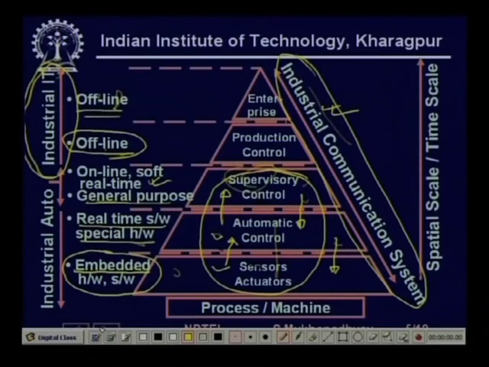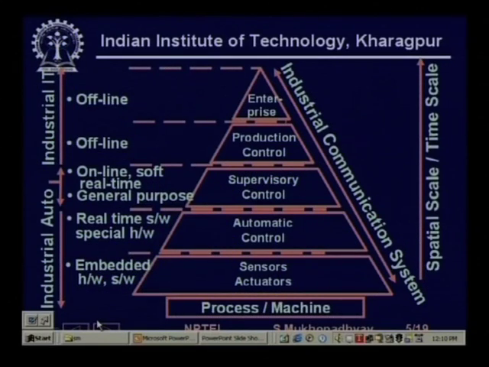Having got this kind of an idea about the overall industrial automation system, we would like to take some more detailed look at these various levels. Before we do that, we must understand that much of this technology, much of the part of industrial automation that we are going to concern ourselves with, is actually about control.